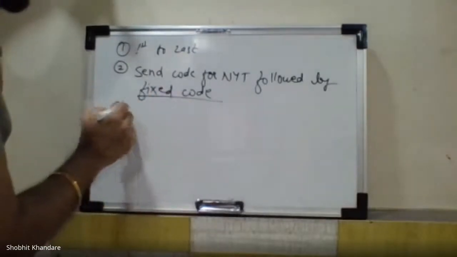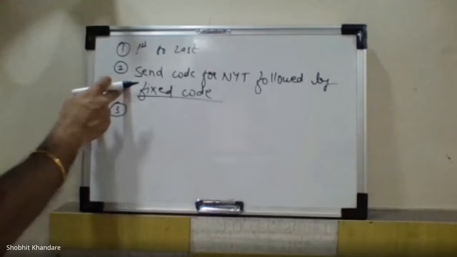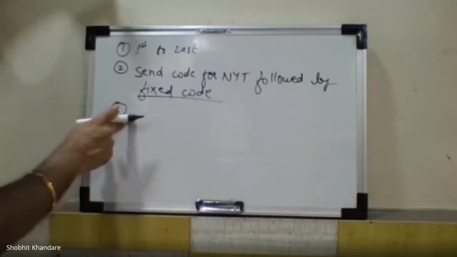Okay, go to the step number 3. Now this is happening if the symbol has come for the first time. What will happen if the symbol is coming for the second time?